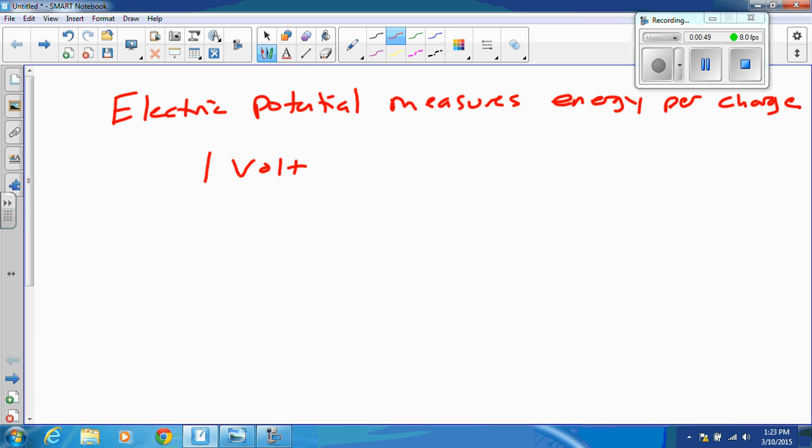In other words, 1 volt is equal to 1 joule per coulomb. And we think of electric potential as being analogous to the height that a cliff would have.